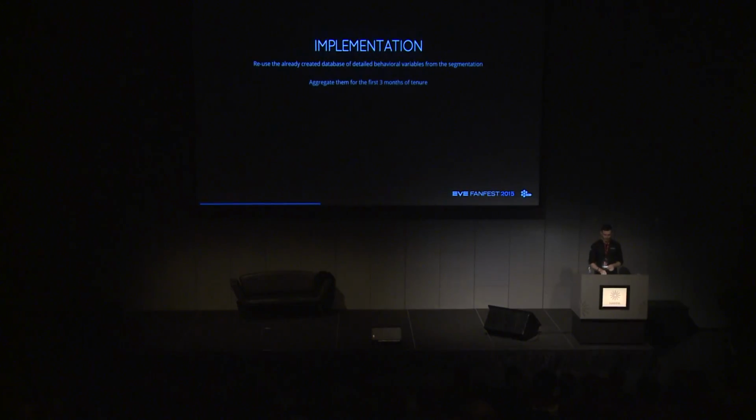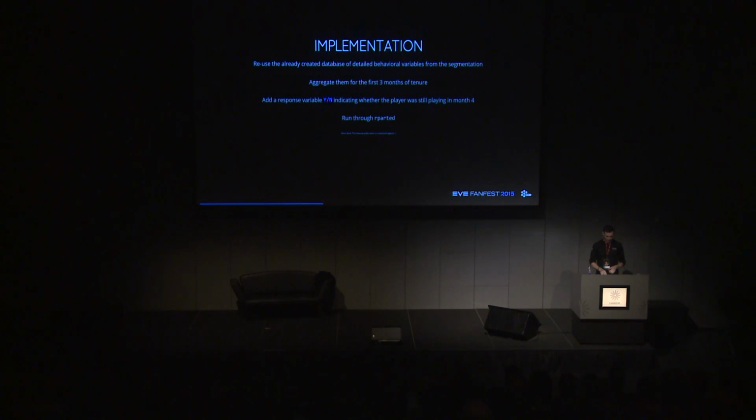So for the implementation of this, we reuse the existing database we have already created for segmentation. That's a good summary of all your activities. And we aggregate them for the first 3 months of tenure, add a response variable, are you still playing in month 4 or aren't you? And run it through a function in R called rpart, which is a partitioning tree function.